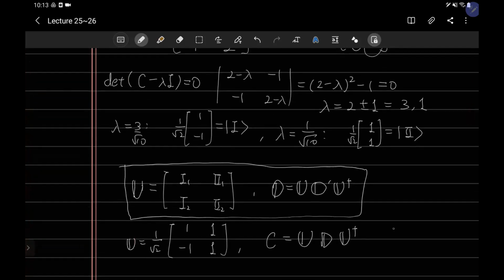So in principle, we expect to obtain this diagonal matrix which has 3 over square root of 10 as the first diagonal component, and 1 over square root of 10 as the second diagonal component.